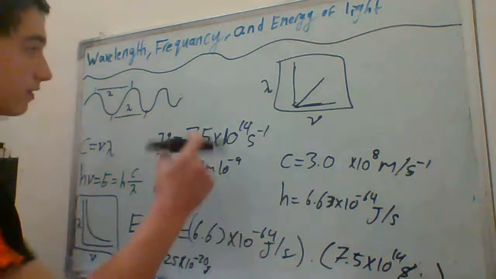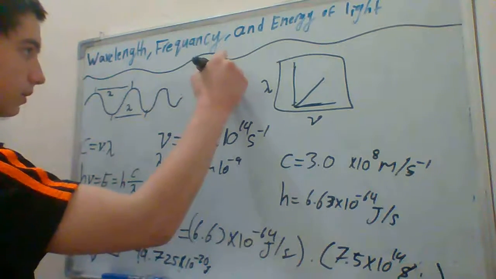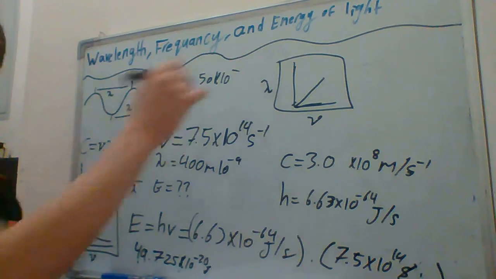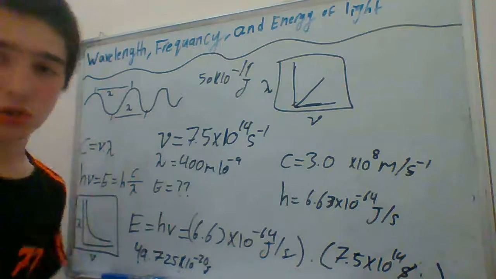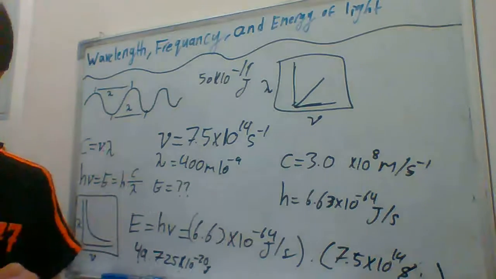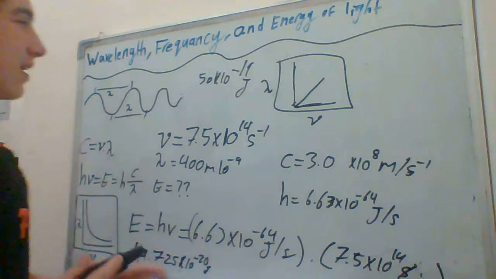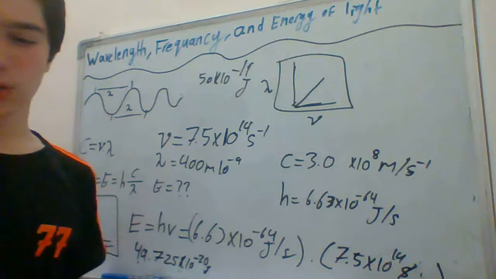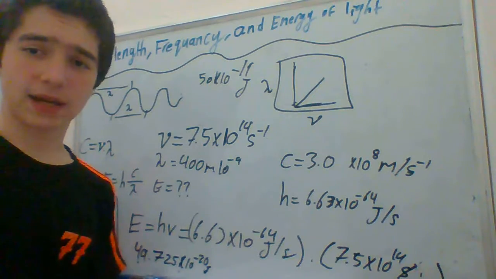So the answer will be 50 multiplied by 10 power negative 19 joules. So that's simply the answer. And of course, this is how we learn about chemistry, just by doing questions and solving them. Okay, so that's all about our lesson for today, and I hope it is useful.